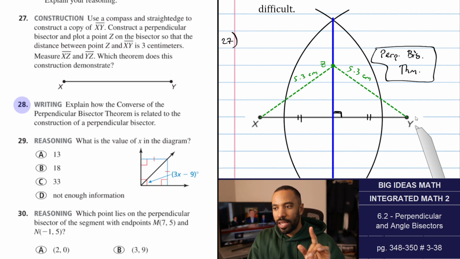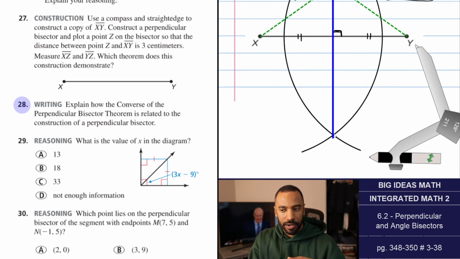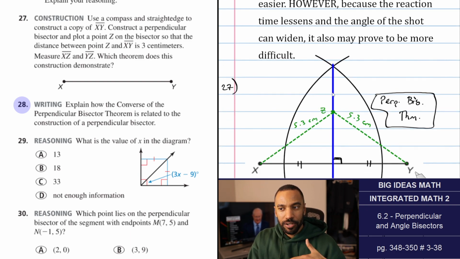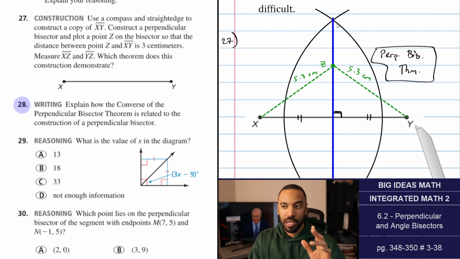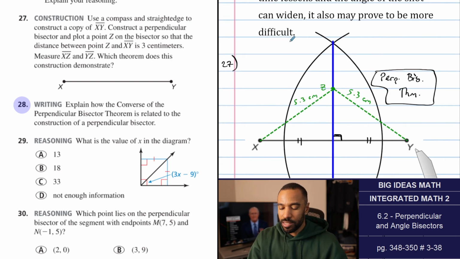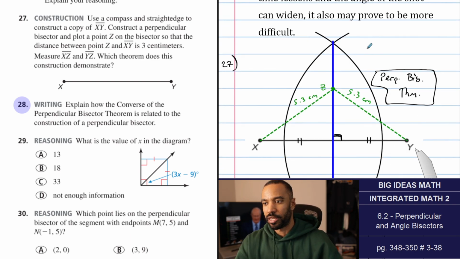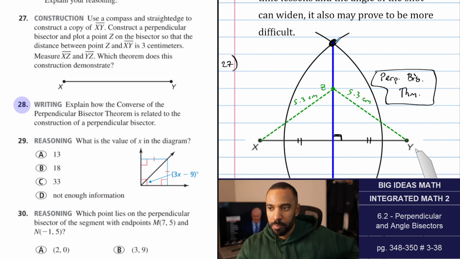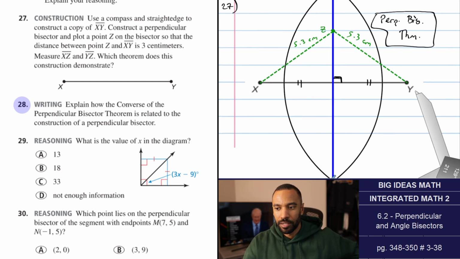So remember when I drew these arcs, these arcs in black. The importance of the arcs was to highlight the fact that where they intersect, first of all, they had to be the same size. The important part was to highlight the fact that both the top and bottom are points that are equidistant. See, it's not just Z that's on the perpendicular bisector. These points are also on the perpendicular bisector too. That's how I drew it, right?